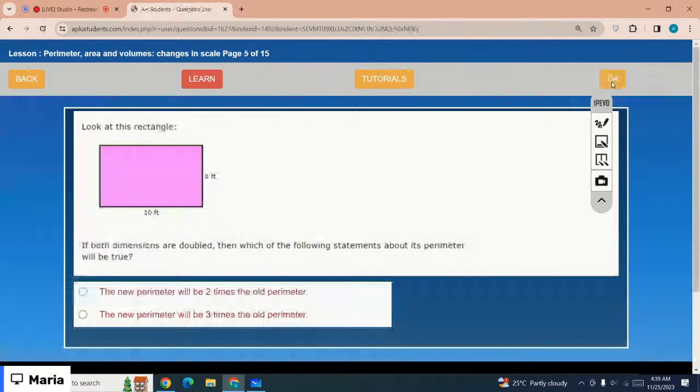Okay, look at this rectangle. If both the dimensions are doubled, then which of the following statements about its perimeter will be true? So, which is the correct option?